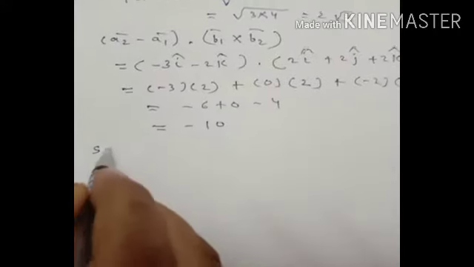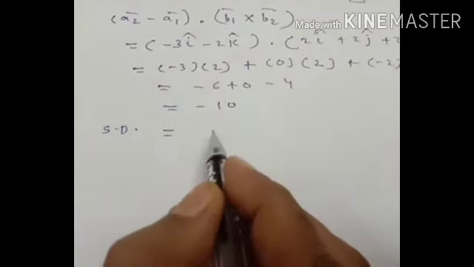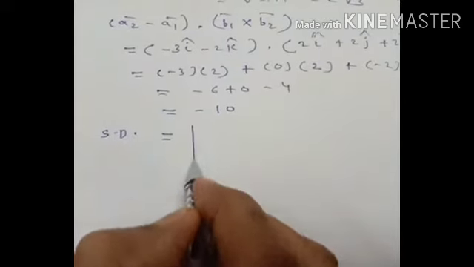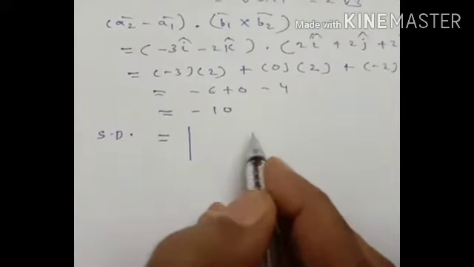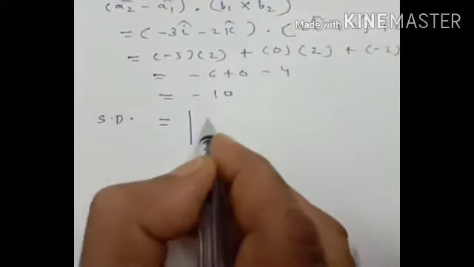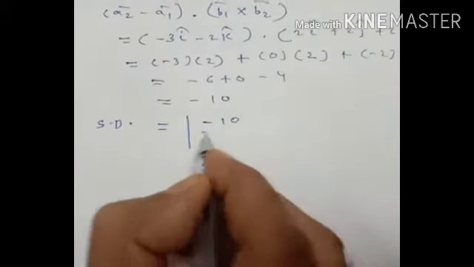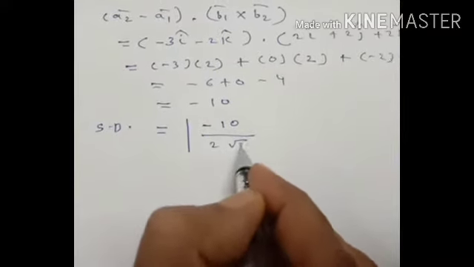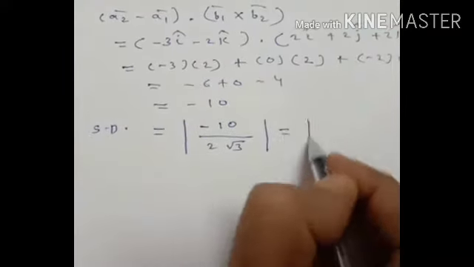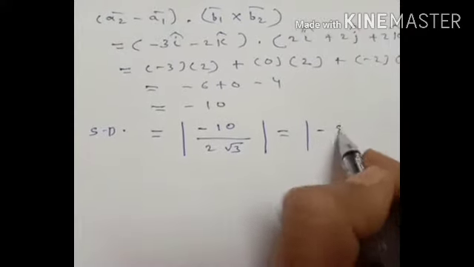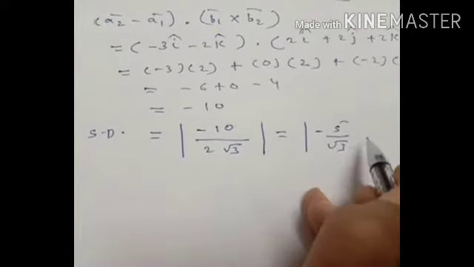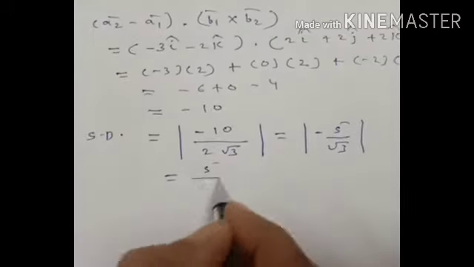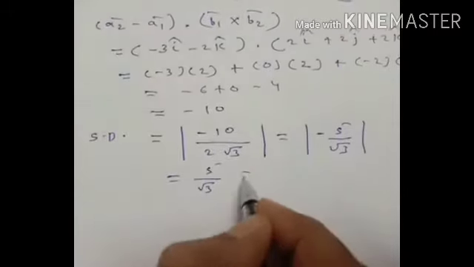Then the shortest distance between the two lines is given by the mod value of the numerator we have found, minus 10, divided by the value of the denominator, 2 root 3. 2 gets cancelled, minus 5 by root 3. The mod of a negative number is positive, 5 by root 3.